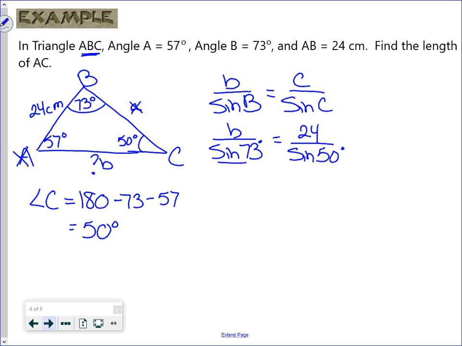So again, I'm going to start by figuring out the decimal value of sine 73 and sine 50. So we'll have B over 0.9563 equals 24 over 0.7660.